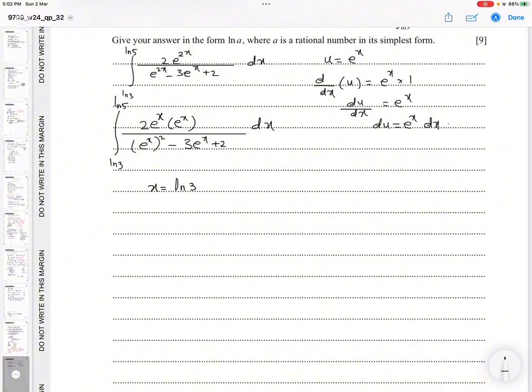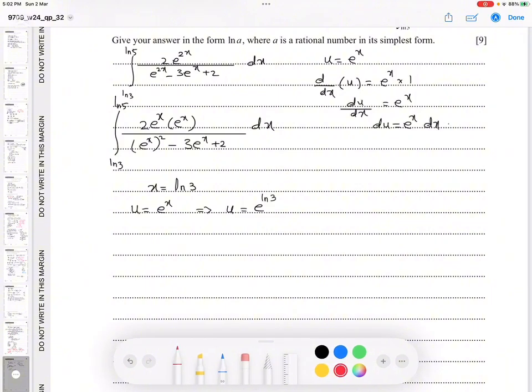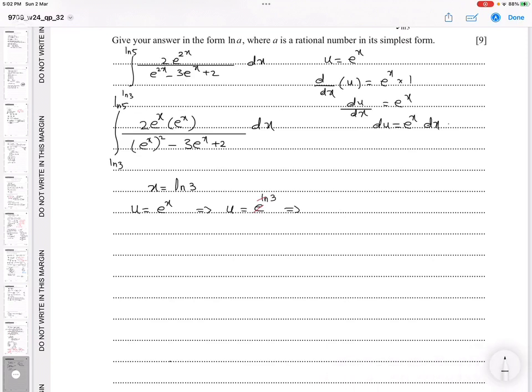When my x is ln 3, I'm actually working on the limits. My u is equal to e power x. So I can write u is equal to e power ln 3. As we did in the previous working, ln and e cancel each other out. So I can write u is equal to 3.